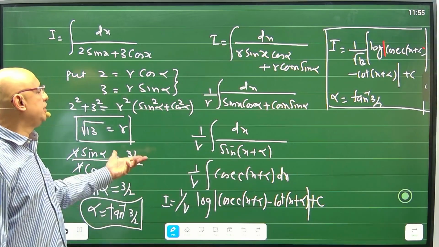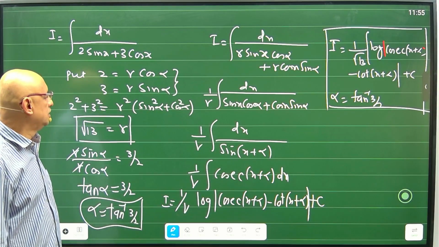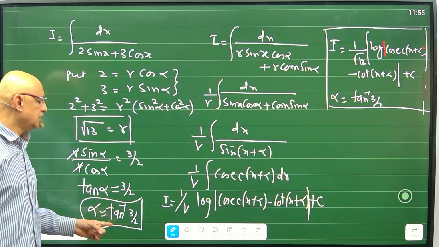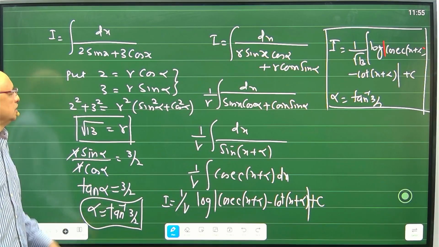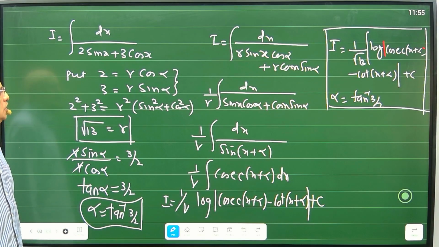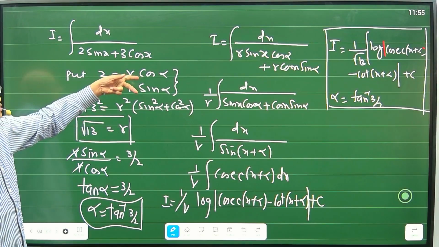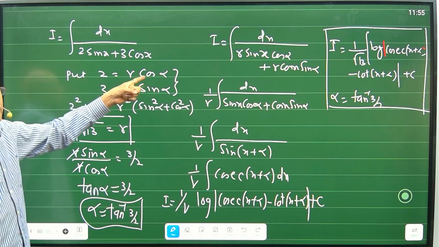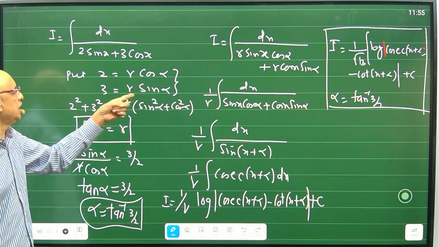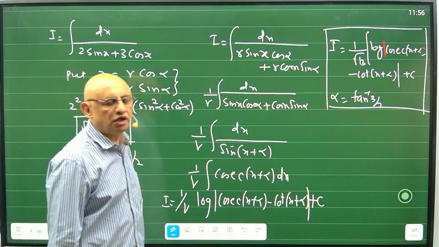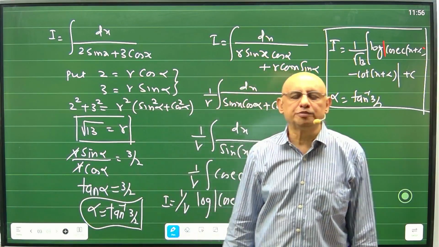So a little bit of care is to be taken to find r properly, tan alpha properly. You may in fact interchange this also. 2 can be replaced as r sin alpha, 3 can be replaced as r cos alpha also. You can expect what the further changes are going to be.